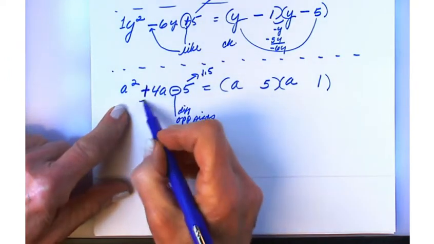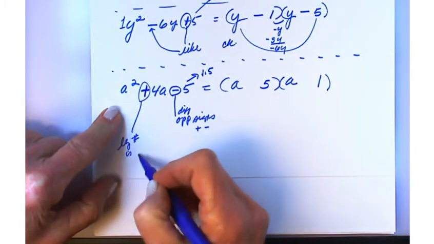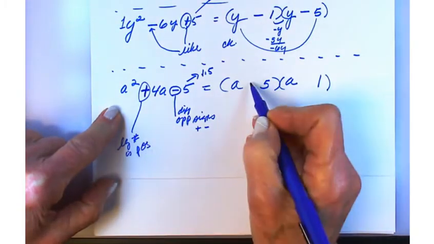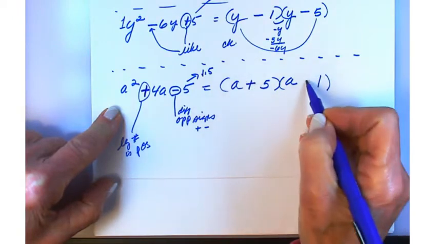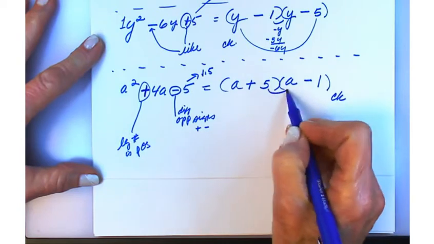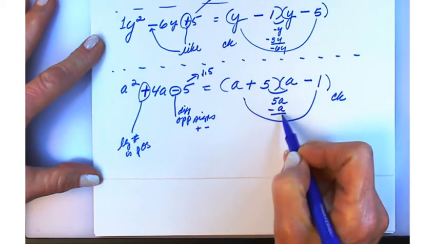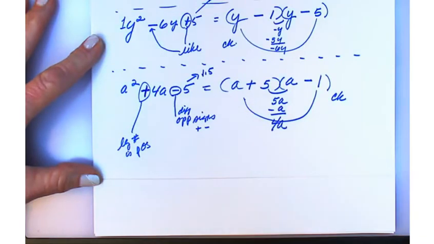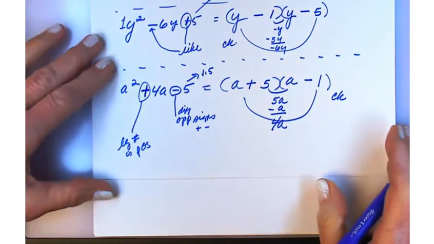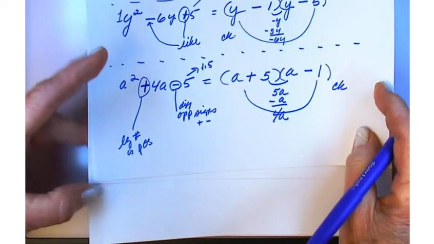That tells me the larger number is positive. I put a plus here and a minus here. Let's check our scoops. 5a minus a is positive 4a. So absolutely check your scoops to see if you did it correctly.